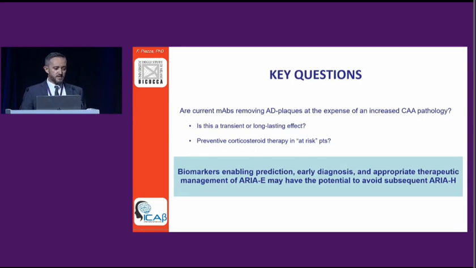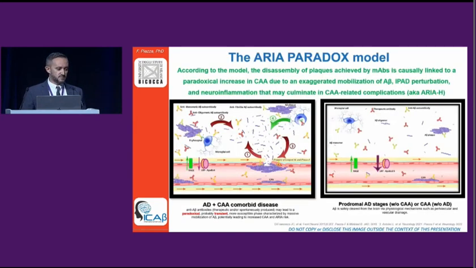And so biomarkers for ARIA-E, for the prediction, hopefully, or at least the early diagnosis of ARIA-E, are very important, because with an appropriate therapeutic management, we have the chance to avoid subsequent ARIA-H, which are probably the lethal consequences that we have shown in clinical trials in a few cases.